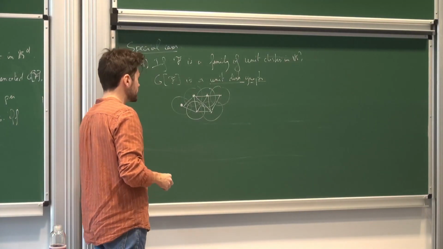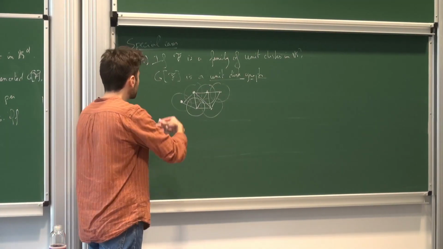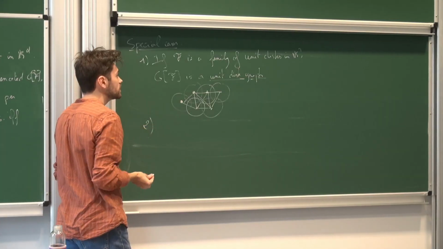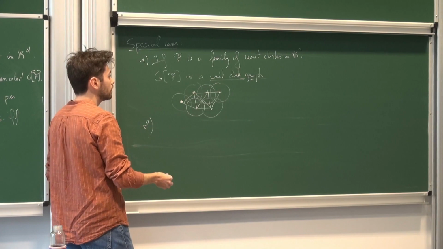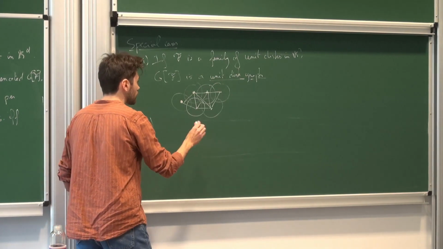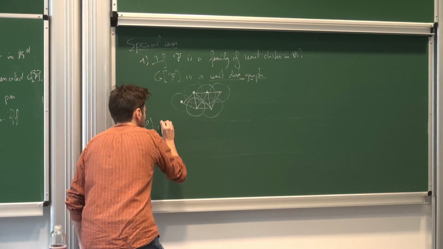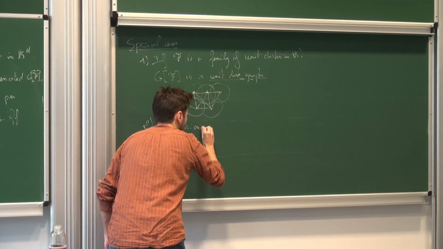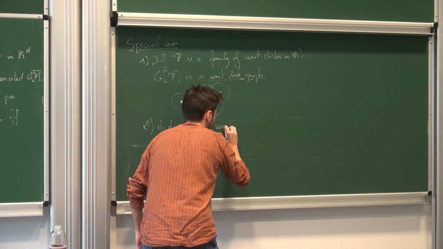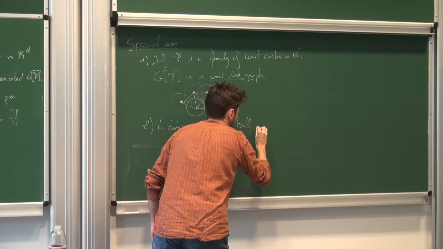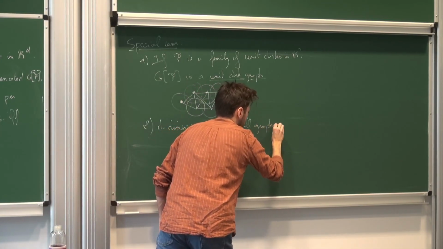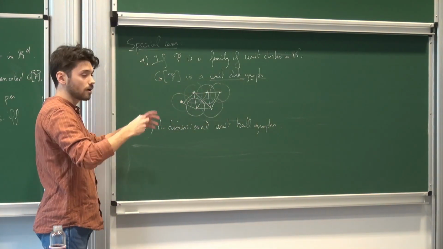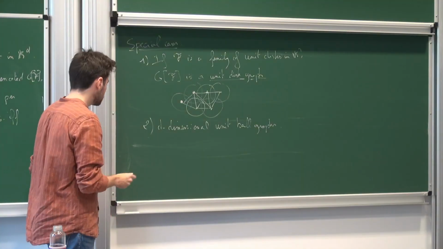I will also be interested in two generalizations of those graphs. The first one, I will increase the dimension. So I will consider a d-dimensional unit ball graph. It's exactly what you think. Instead of considering R^2, we take balls in R^d.